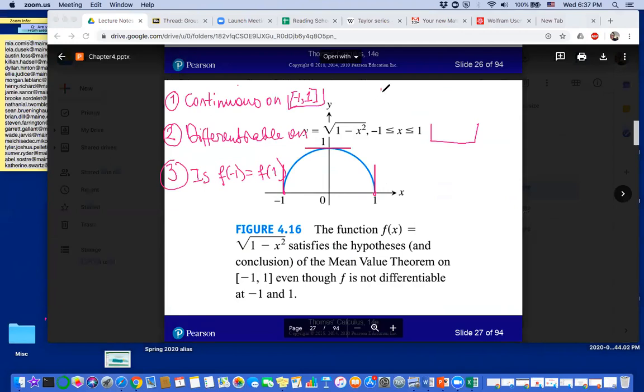Look, this is the function. This is y equal to the square root of 1 minus x squared. Let's just call it f of x. What is f of 1?